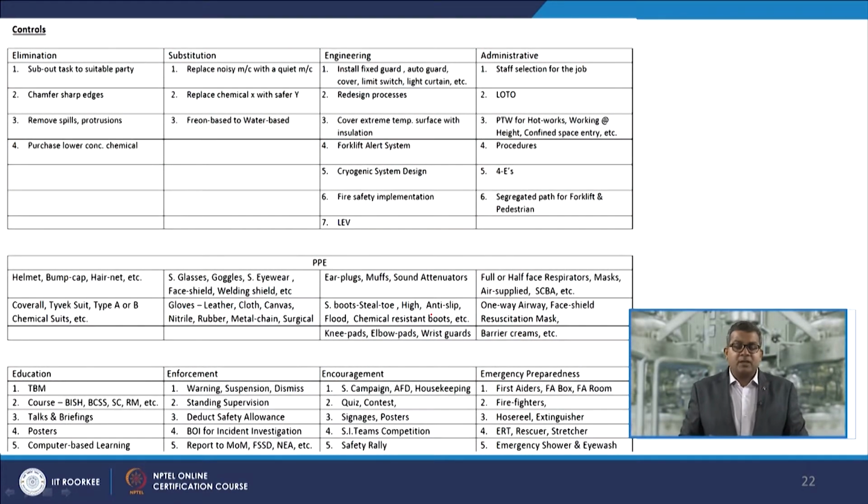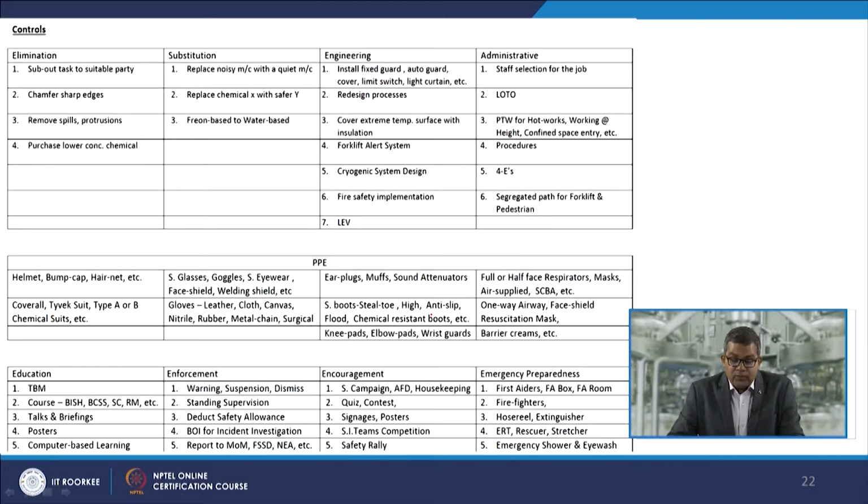Now in this particular slide, we have enlisted various kinds of control measures like elimination, substitution, engineering, administrative. So a broad spectrum of examples you can learn from this table, like subcontracting the task to a suitable party, that is the elimination. Then substitution: replace the noisy conditions with quiet conditions.